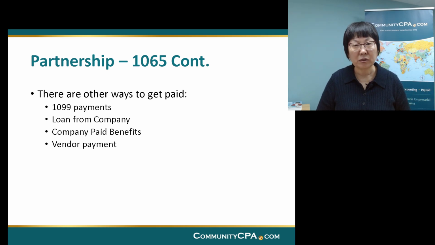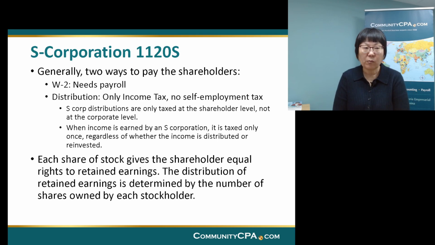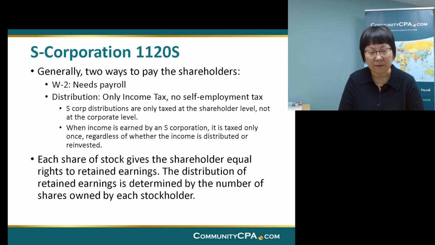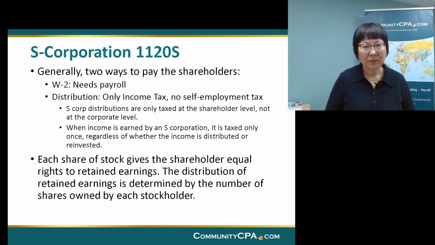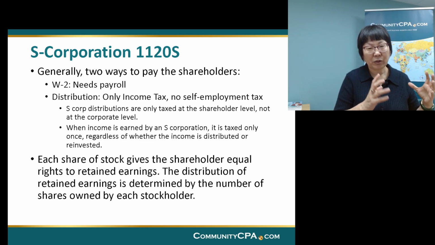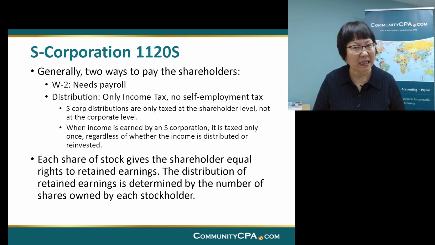or to the owners. All right, the third one is S corporation. S corporation is by far the most popular small business entity out there right now. So remember, S corporation requires payroll, and also has this thing called reasonable payroll.